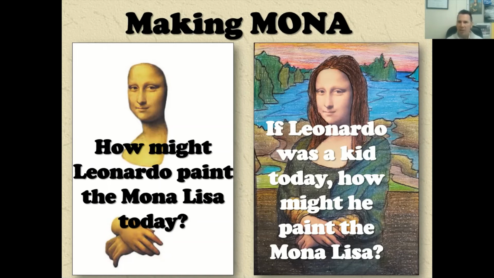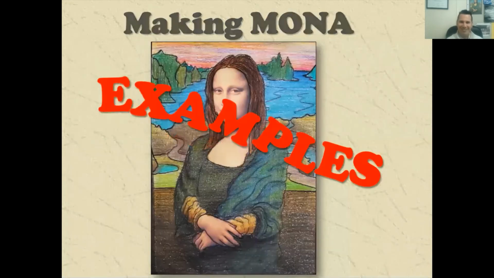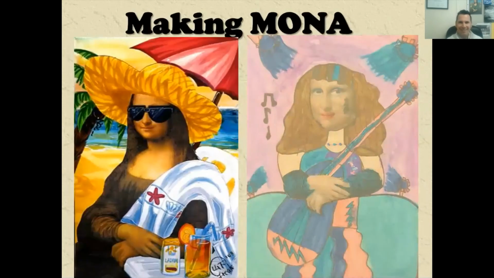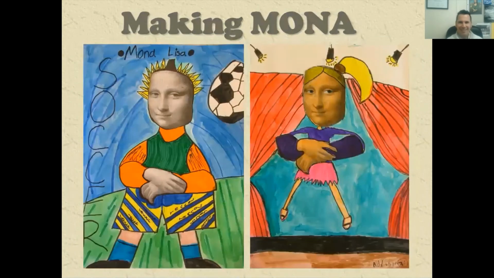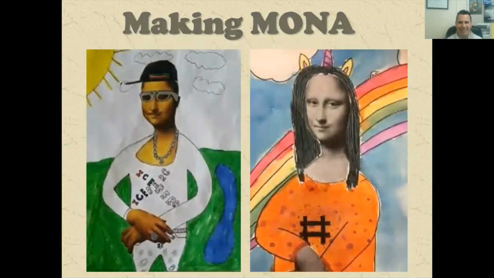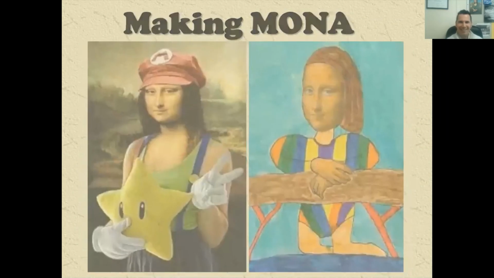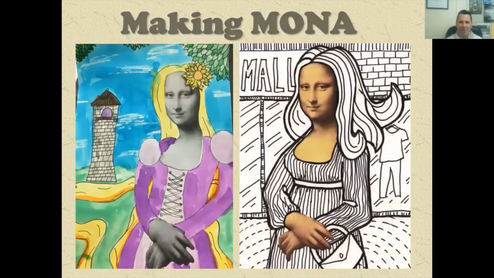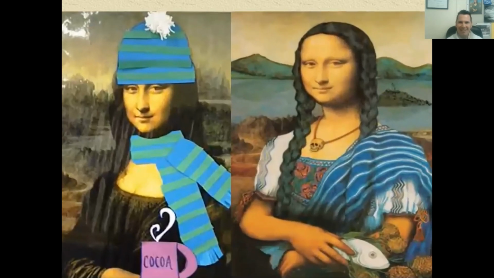You can change the hairstyle, the background, the clothing, and you can make it look just like you, or just like you want to look, or just like you want Mona Lisa to look. So here are some examples. These look great and very relevant to today.